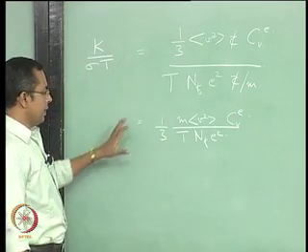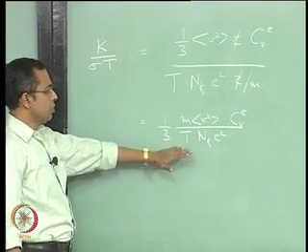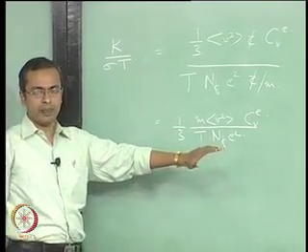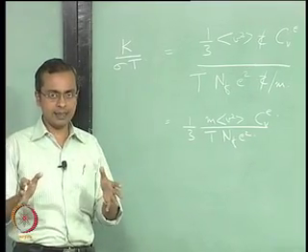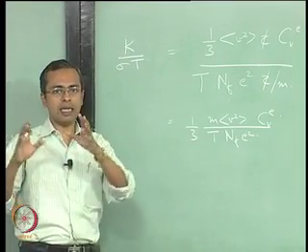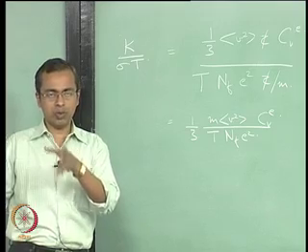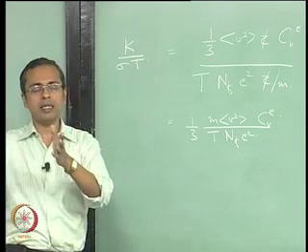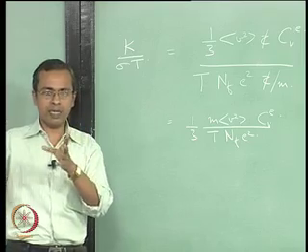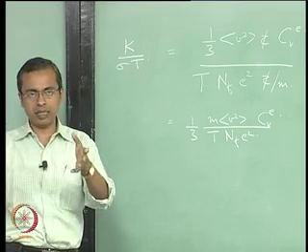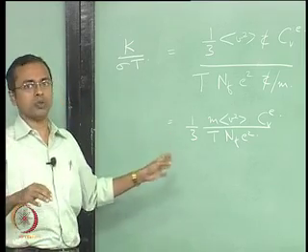Now a couple of classes ago we looked at some relationships associated with the kinetic theory of gases, and I pointed out that a couple of relationships show up there as a result of the derivation, which we will use a little later. So now is when we are going to use them.